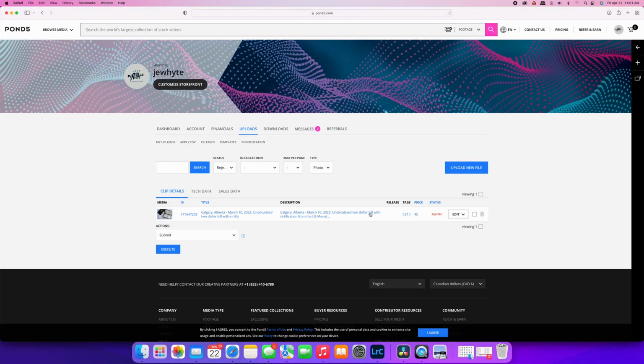With all the sites, I mean, you always get differences in what's accepted and what's not, but as a general rule, the first thing you want to understand about photographing money is you never take shots of the currency that shows just the full bill.